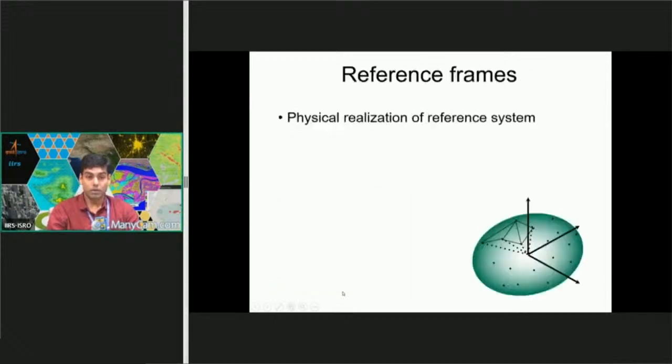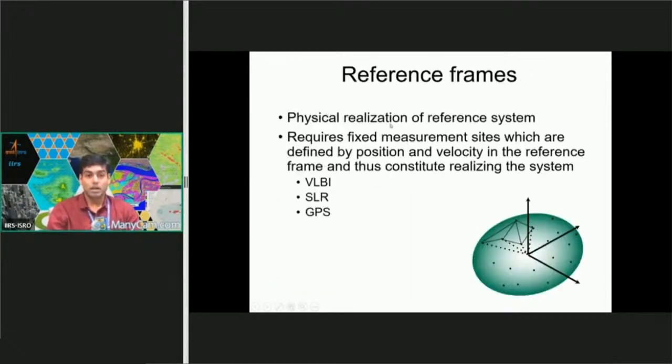Now the reference frame. So what is a reference frame? A reference frame is the physical realization of a reference system. It requires fixed measurement sites. Globally, there are 500-plus sites which we use to get the reference frame, the International Terrestrial Reference Frame.